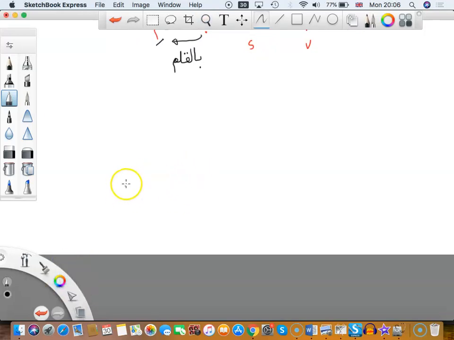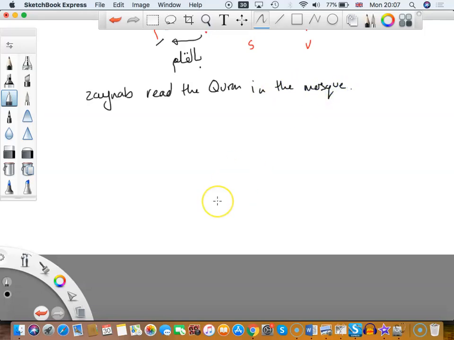Okay, so next one. I'm gonna make this a bit tougher, yeah? Zainab read the Quran in the mosque. Yeah, Zainab read the Quran where? In the mosque. Yeah.